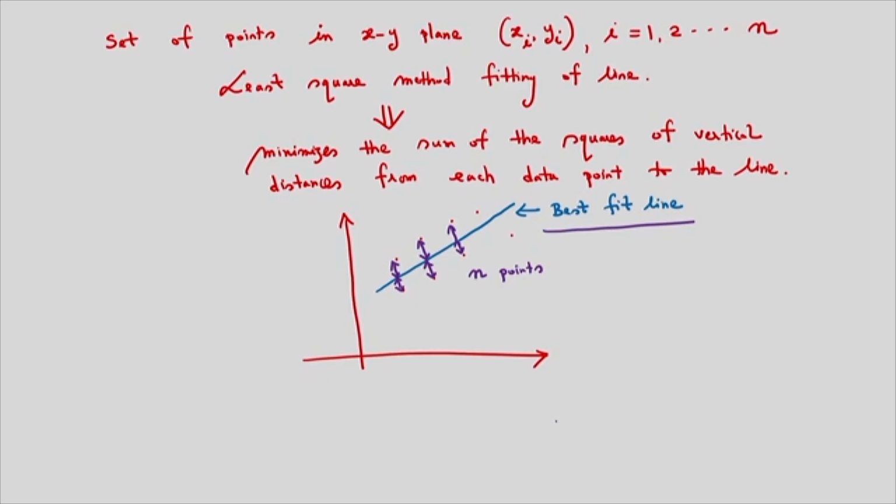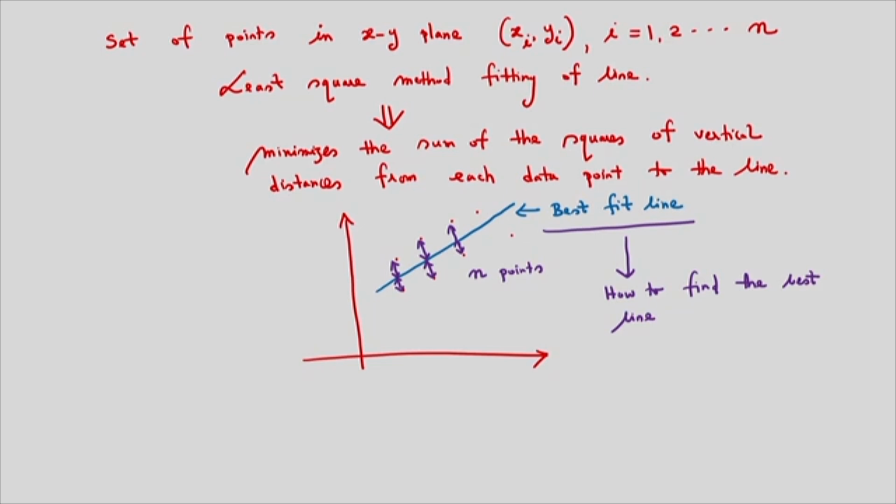So, the question is how to find the best line. We have to consider this least square method, and based on this method we have to minimize the sum of the squares of vertical distances from each data point to the line.